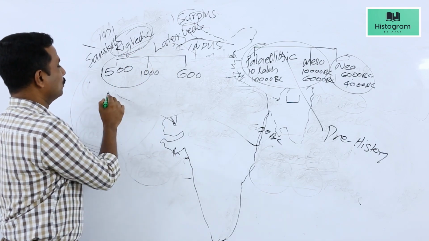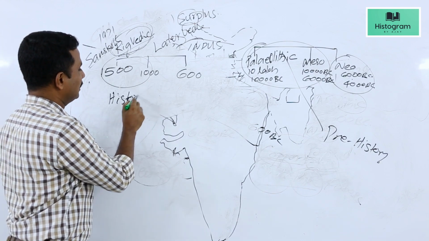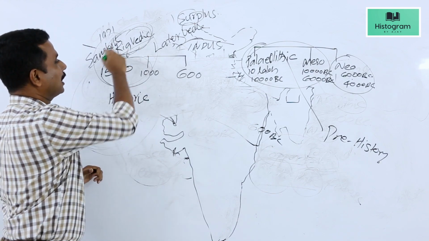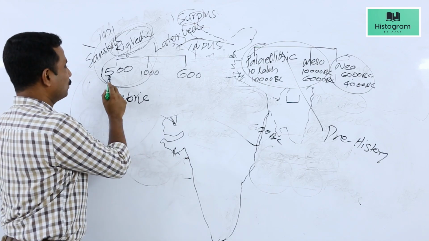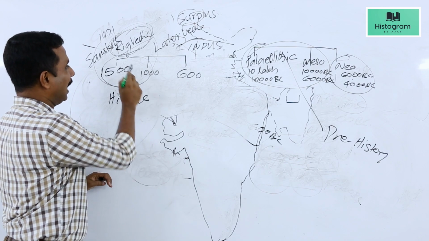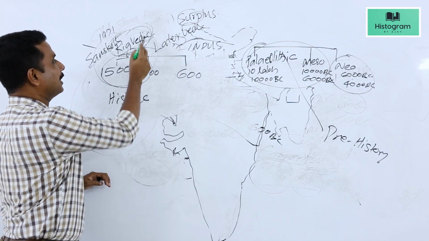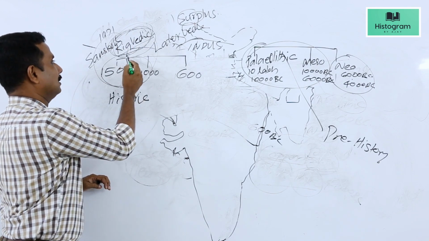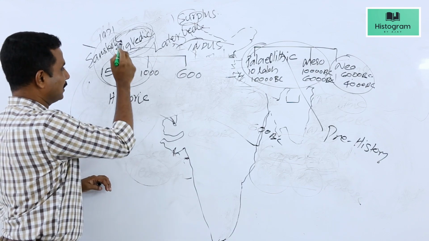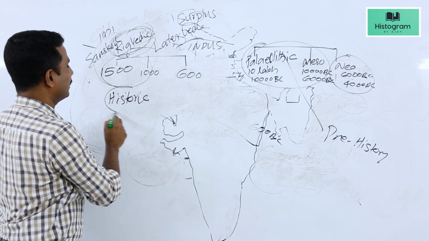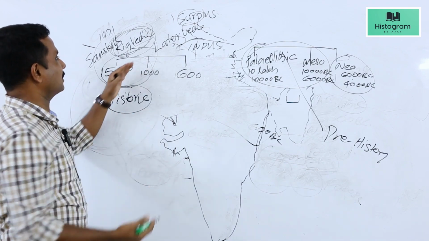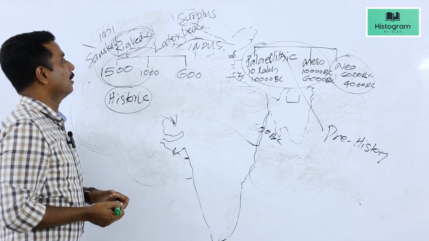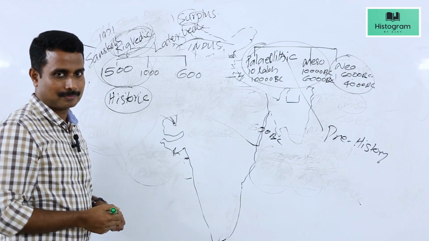So we enter into the historic period with the Rig Vedic period, that is 1500 BC. From 1500 to 1000 BC, the Aryans who had been living in this area composed the earliest book written in Sanskrit, known as the Rig Veda. With this period we enter into the historic period because we can read and understand what is being discussed in the book called the Rig Veda.